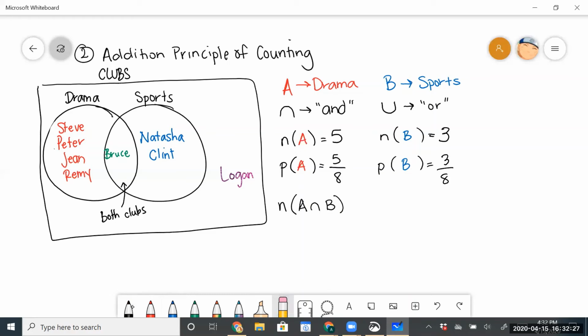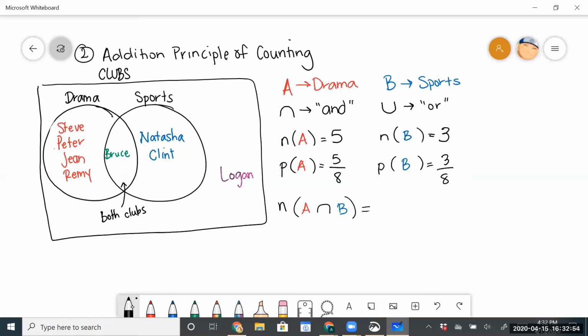The number of A and B. Before we get to what this answer is, let's talk about what A and this symbol and B actually mean. What does it mean to say A and B?